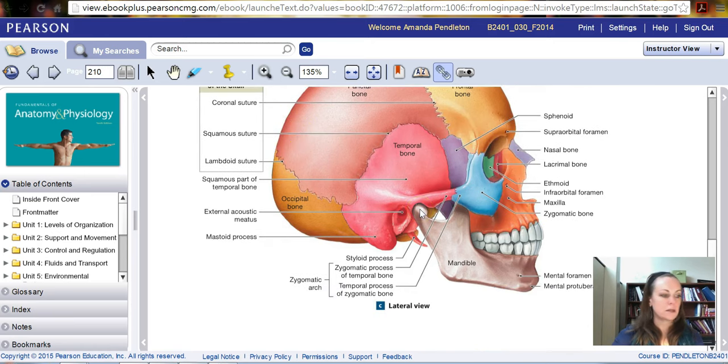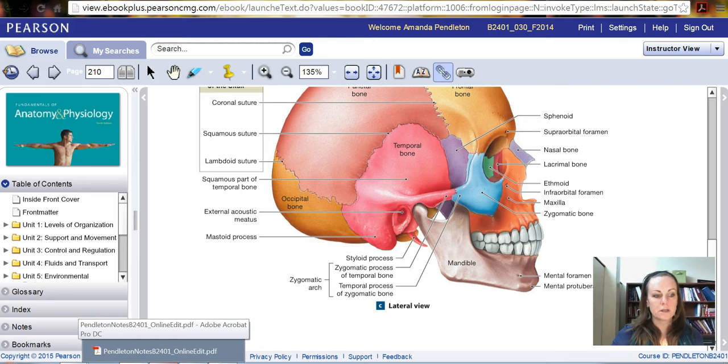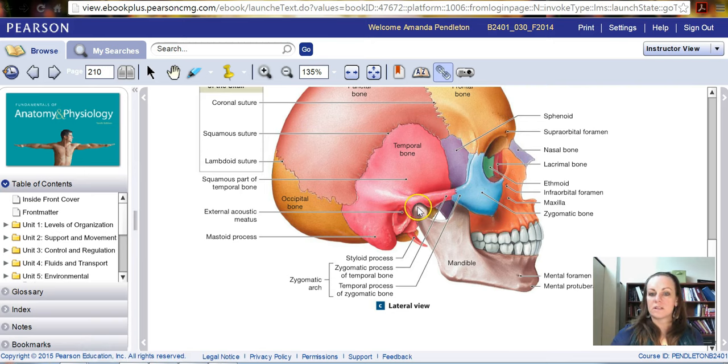So we can see that what is connecting is going to be connecting the temporal bone to the mandible. And so I'd like you to think not only the bones, but then also think what are the specific parts.